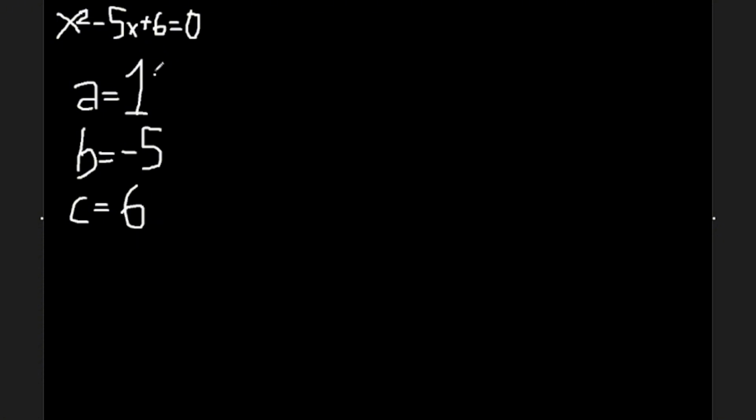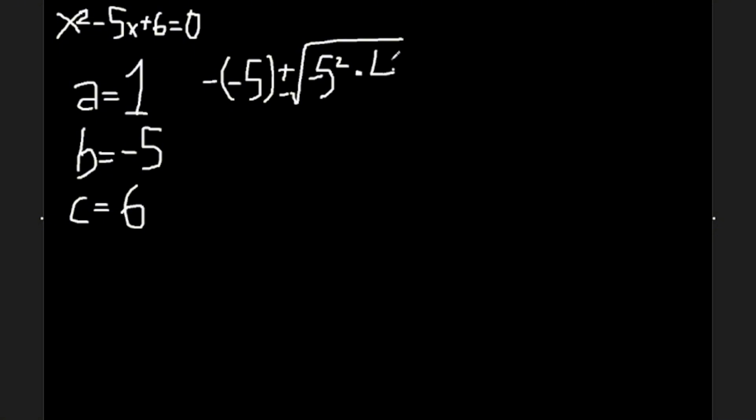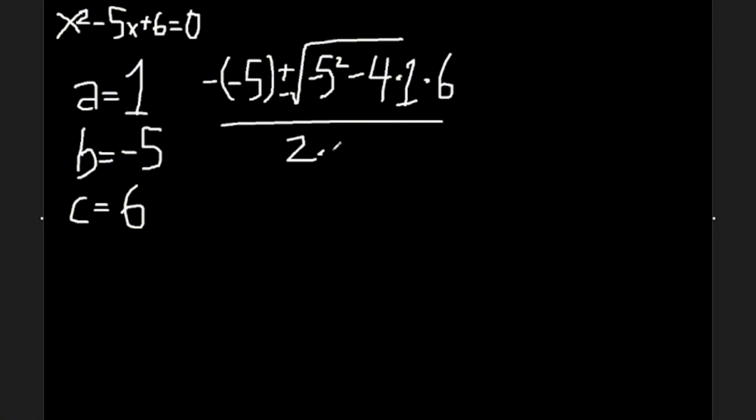Now, we just have to copy these numbers into the formula. So that's negative negative 5 plus or minus the square root of negative 5 squared minus 4 times 1 times 6 over 2 times 1.